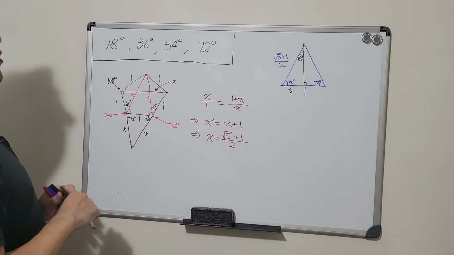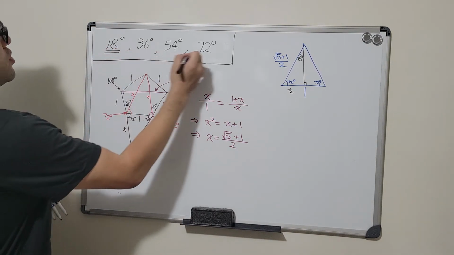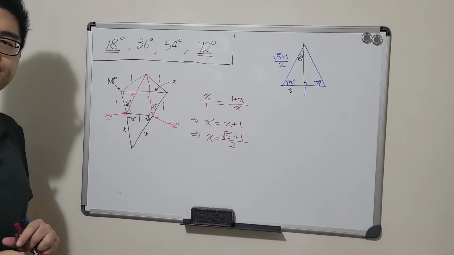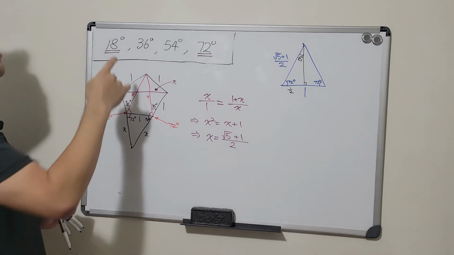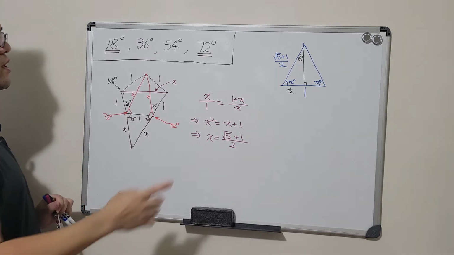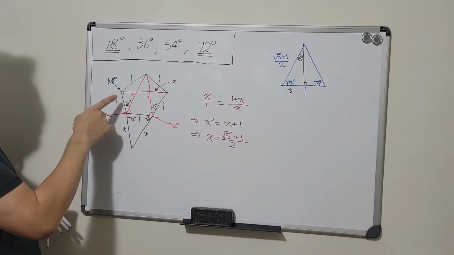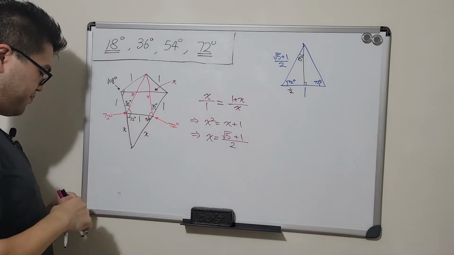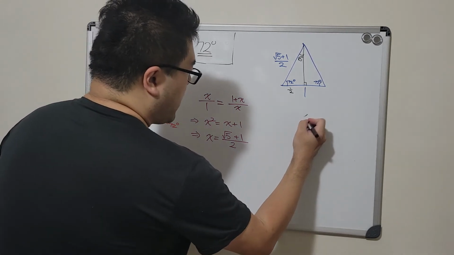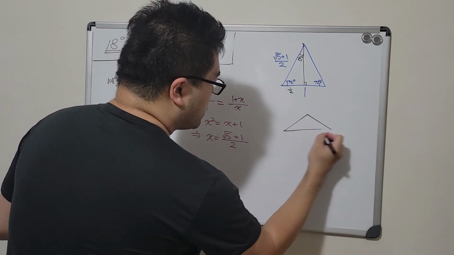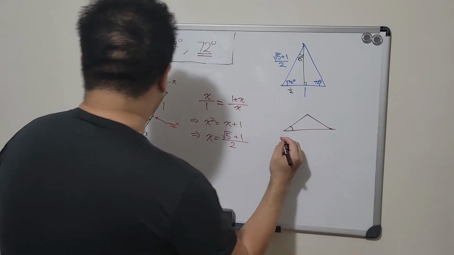So we already finished two of the angles. Let's try to figure out the other two. This time we're going to look at the triangle on the left, and by rotating it, we get the following.